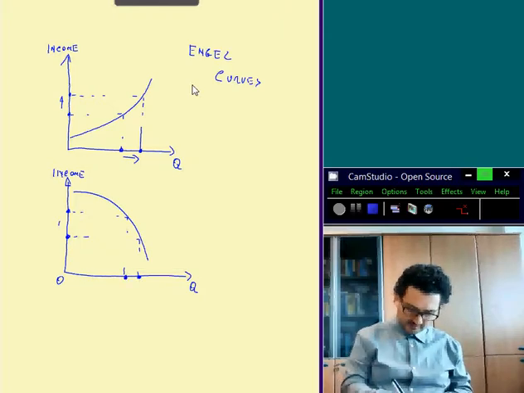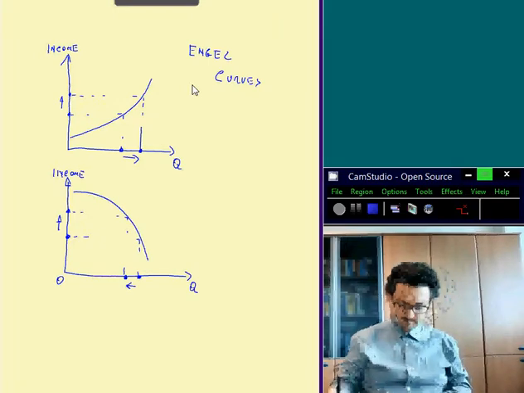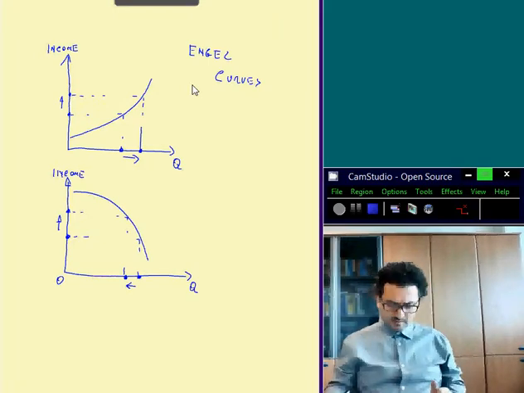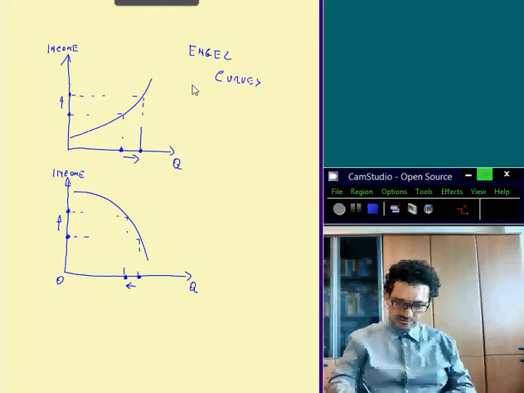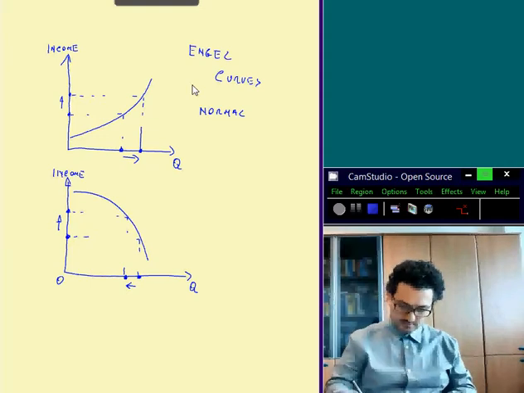So we have an increase in the level of income and a decrease in the level of the demanded quantity for this inferior good. So in this case we have normal goods, and this inferior.